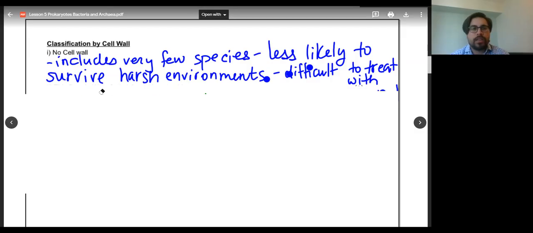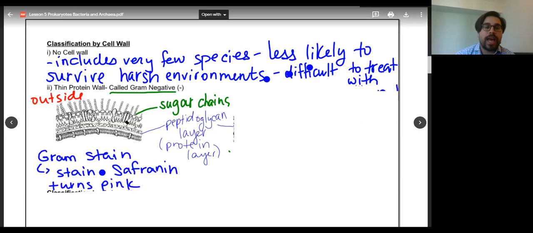Alrighty, so the next way that I want to classify a bacteria cell wall is calling it gram-negative, or a thin protein wall. Here we have this structure, and I will draw attention to the peptidoglycan layer, because take note, this has a very thin peptidoglycan or protein layer, and we call this gram-negative.